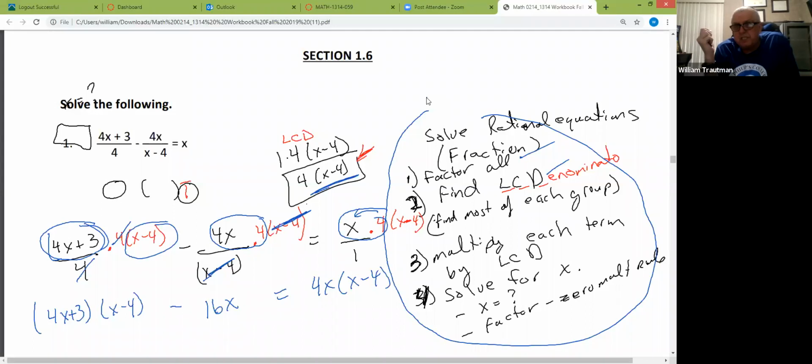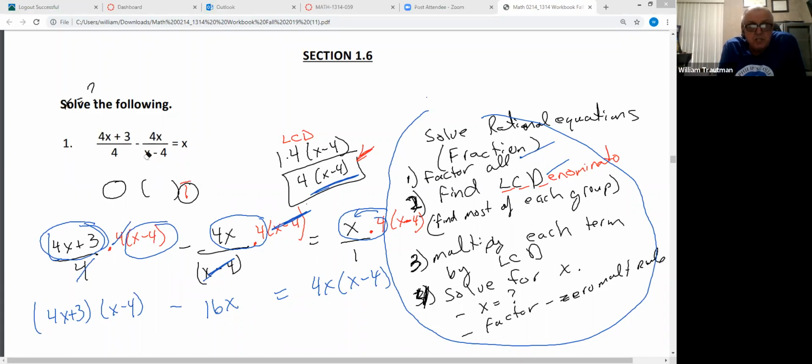So if you want these, write these steps down. I'll give you a minute. Hopefully you guys have this already. I'm going to erase the top part of this.